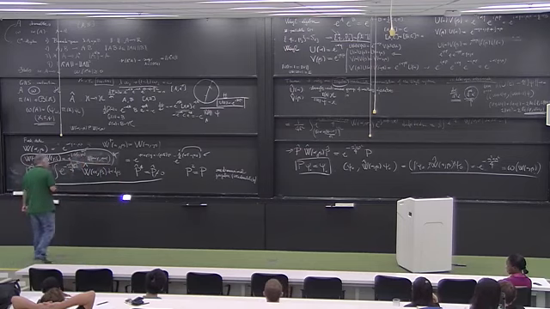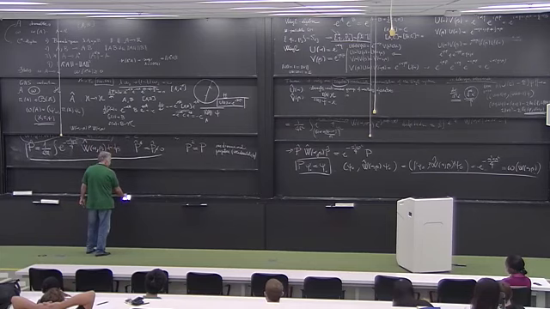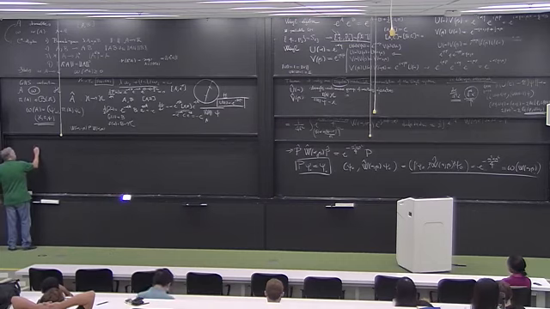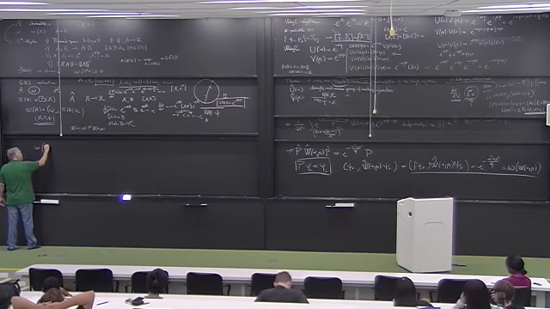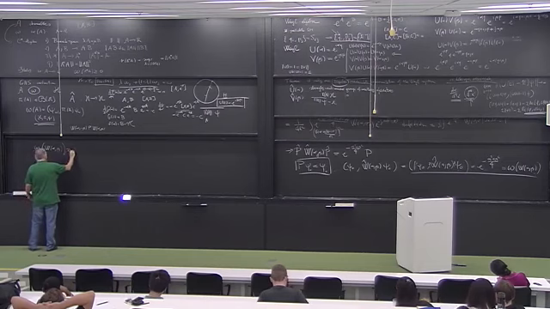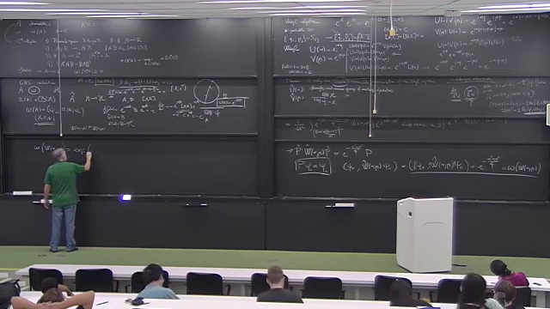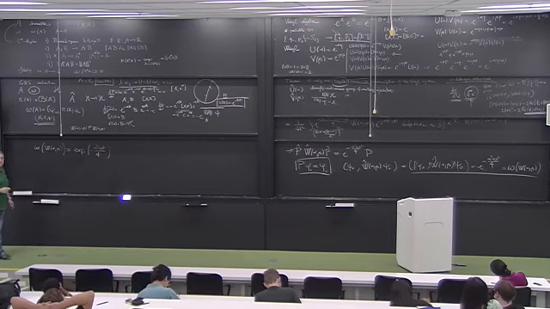So I wanted to justify the name Fock state. So we have seen that the unique representation of the Weyl algebra is characterized by this property. Okay.